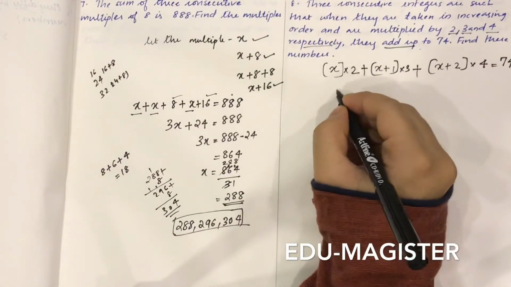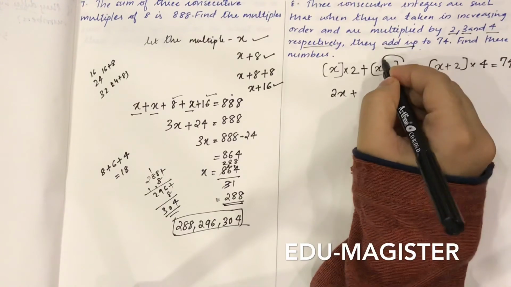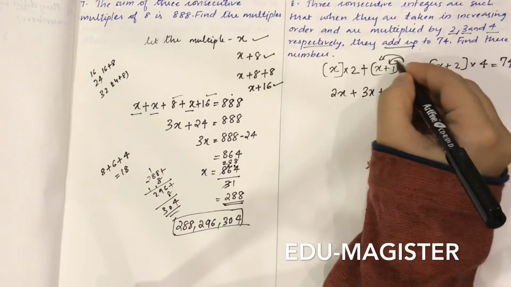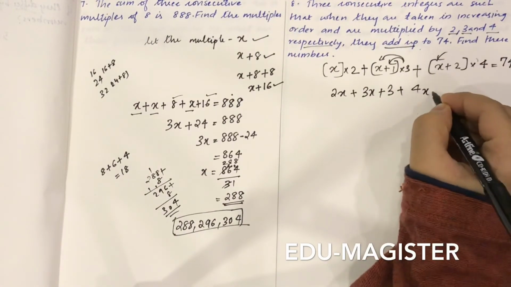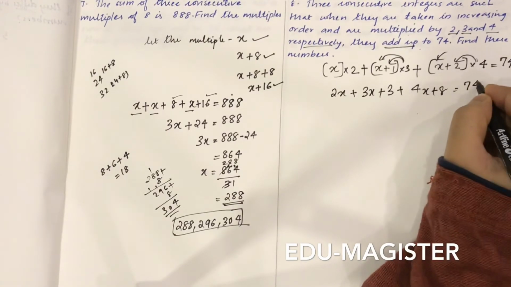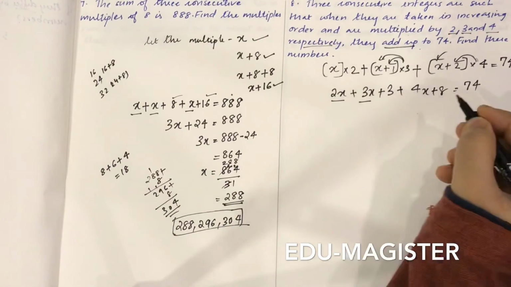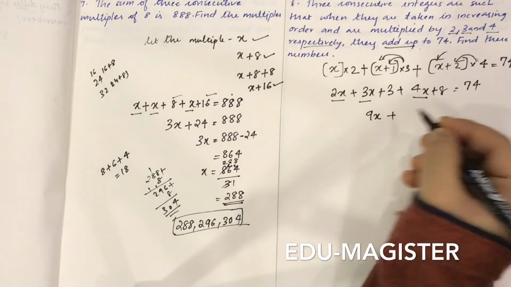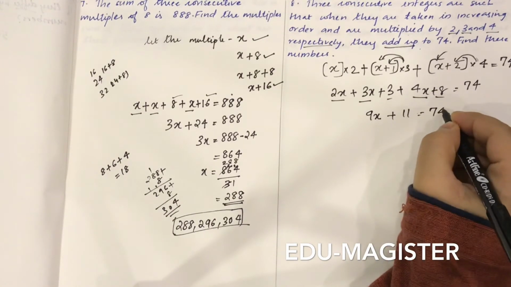Now 2 into x is 2x plus, now when you're opening the bracket you have to multiply it separately. 3 into x is 3x plus 3 into 1 is 3 plus 4 into x is 4x plus 4 into 2 is 8, is equal to 74. You have to add up all the x terms first, that is 2x, 3x and 4x, which is equal to 9x plus 8 plus 3 is 11, which is equal to 74.